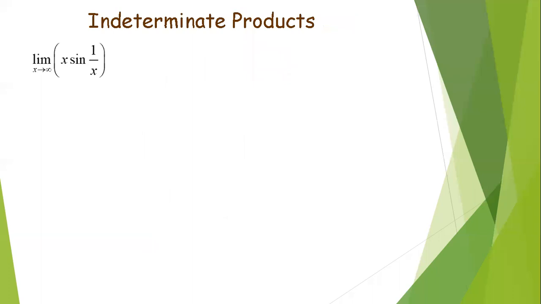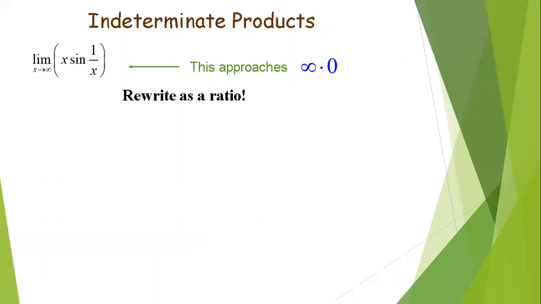The next is indeterminate products. For example, the limit as x approaches infinity of x sin(1 over x). This is infinity times 0. We write it as a ratio.